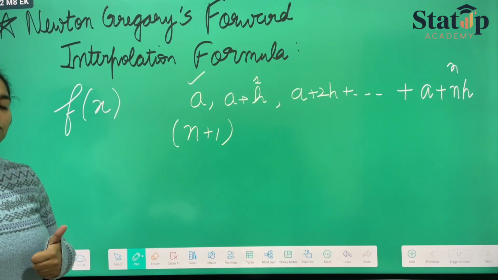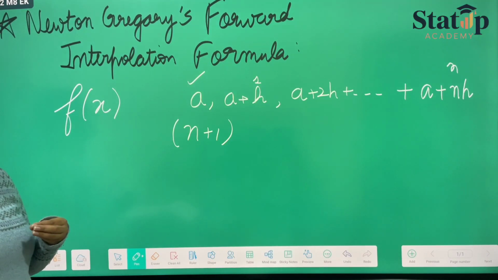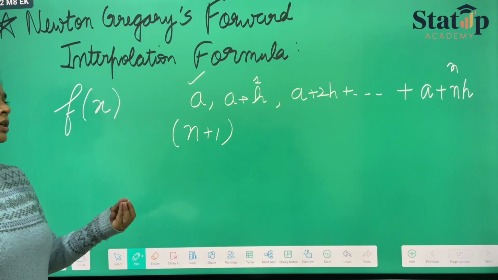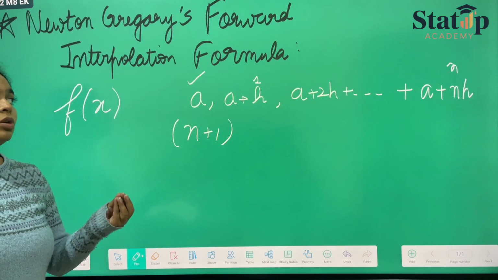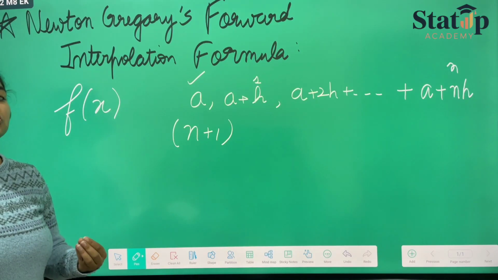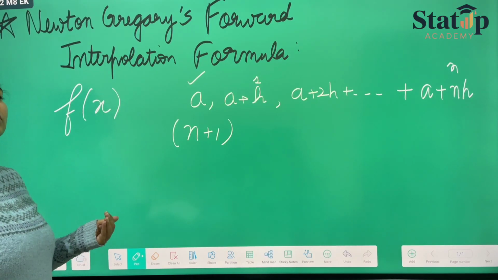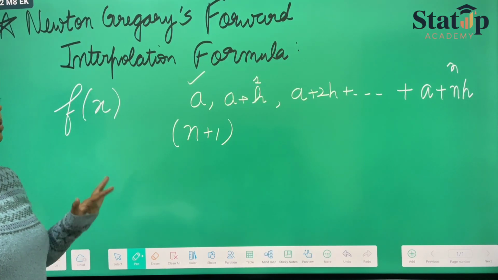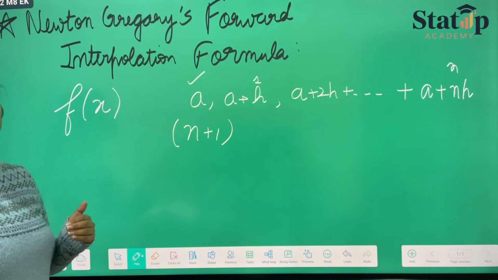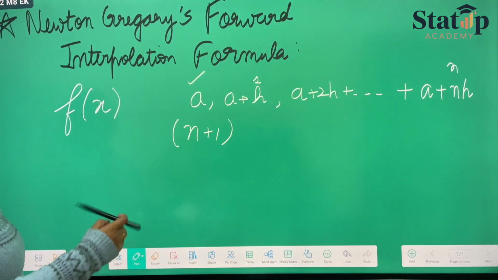a is the starting point of the series, and the series is increasing with the addition of a constant, which is h. And h is a very small value. We consider it a very small value, and this is the function on this series. Now we have to find the forward interpolation and this polynomial.